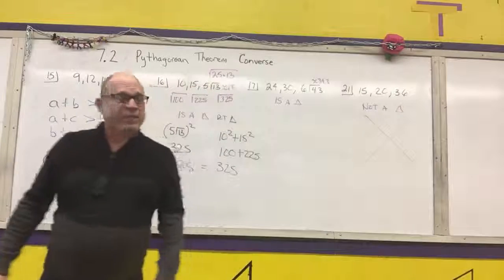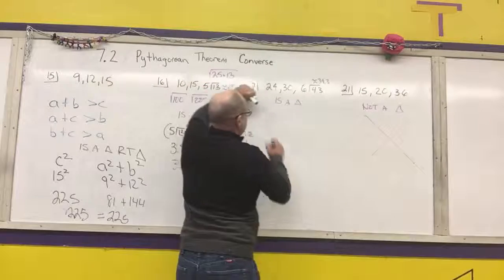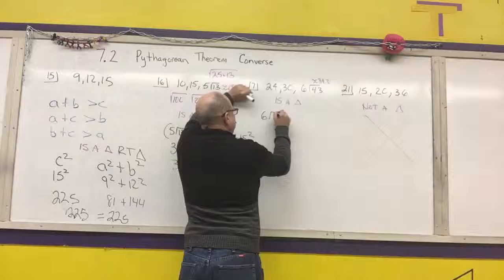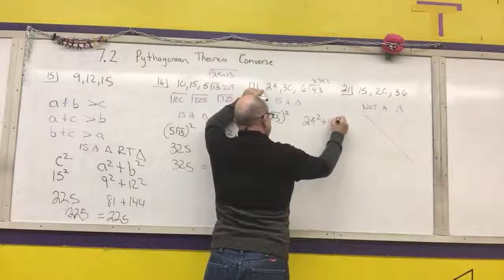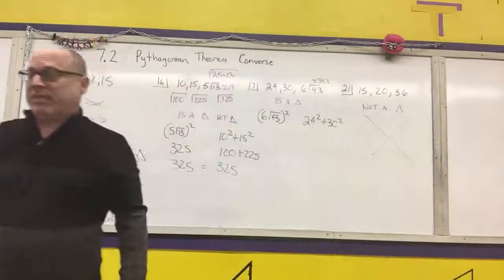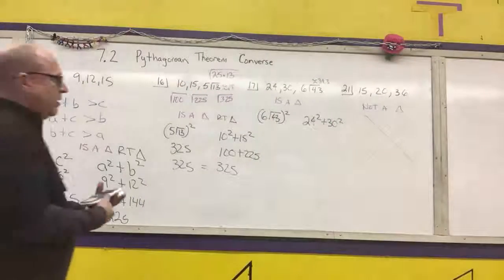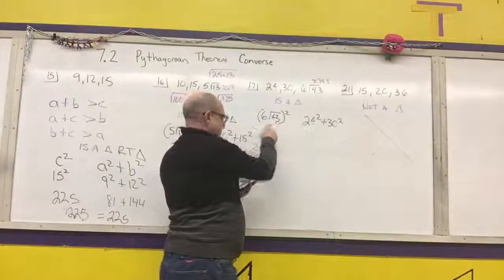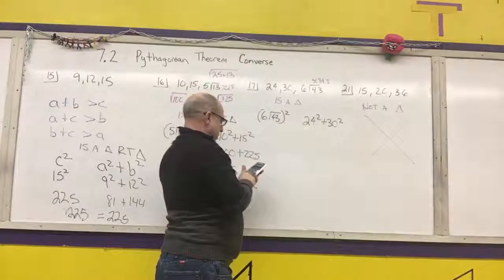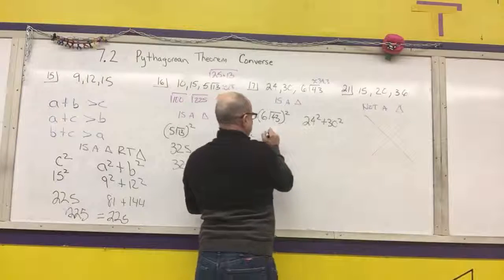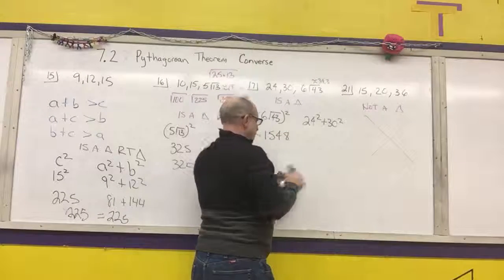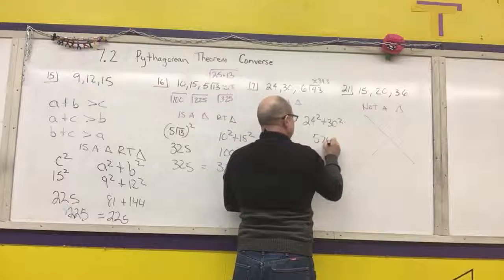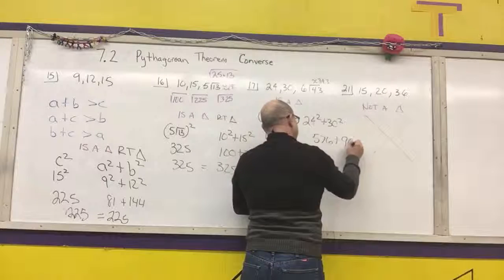Okay, next one, the longest side is here. So it's 6 root 43 squared compared to 24 squared plus 30 squared. I'm going to take 36 times 43 to get that one, which is 1548. 24 squared is 576, plus 900 is 1476.